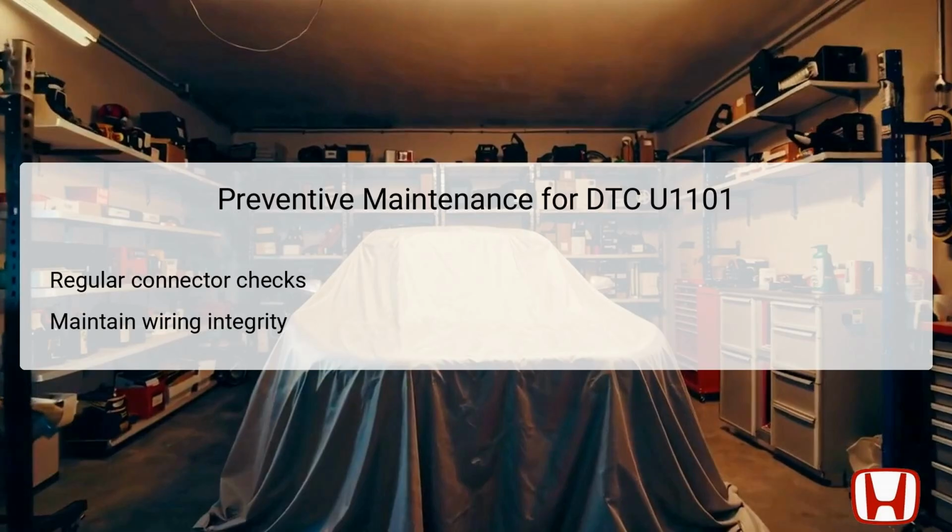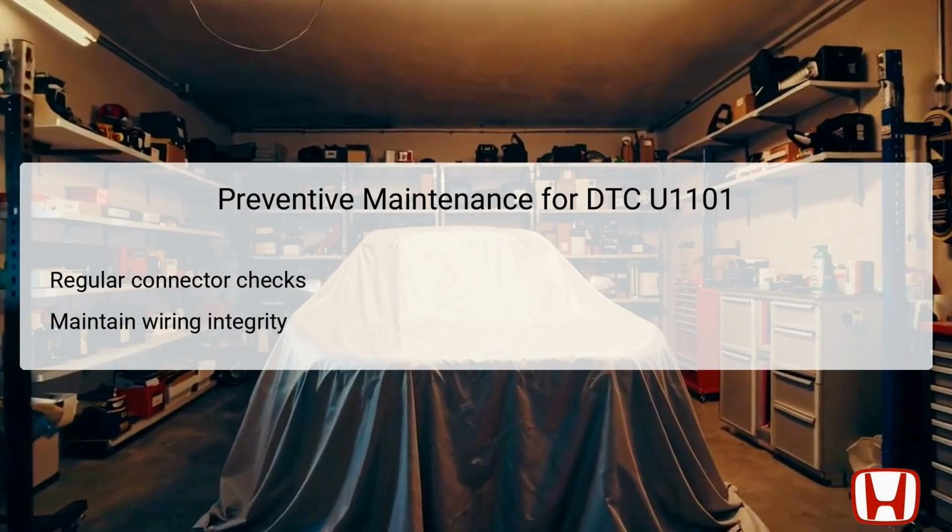To reduce the risk of encountering DTC U1101 in the future, preventive maintenance is essential. One effective strategy is to regularly check and clean the connectors associated with the PCM and ACM, ensuring they are free from corrosion and securely fastened. Preventative checks on the wiring integrity throughout the vehicle, particularly in high-motion areas like the engine bay, will help in avoiding insulation damage or wear and tear caused by vibrations.